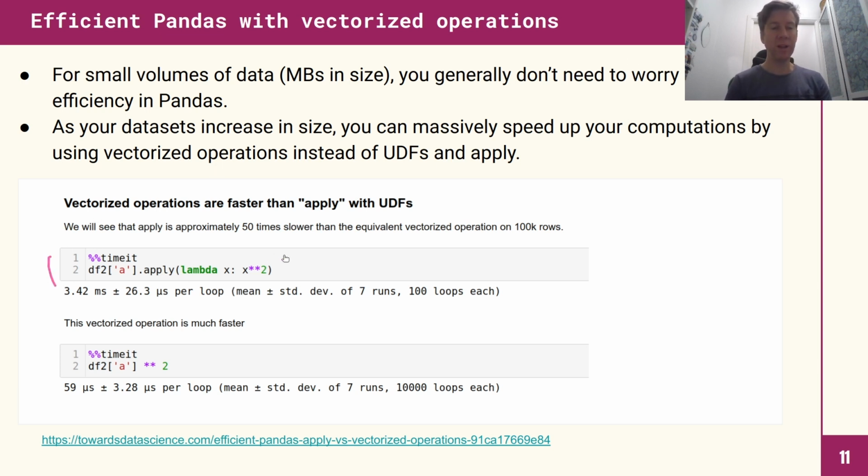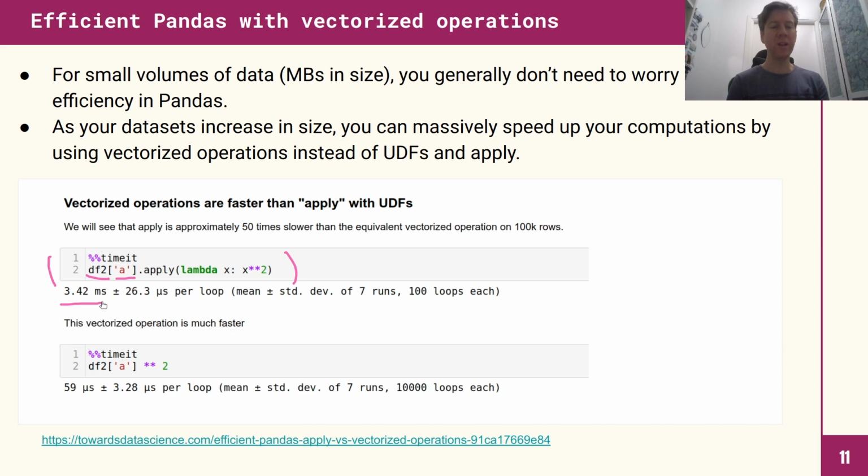So if we look here, we're just computing the square of a number x that's in column A in data frame 2. So we have data frame 2, column A, where we're computing the square of that number. And this is done with an apply and a Lambda function. So it's a UDF, our Lambda function, and then we're applying it to every row.